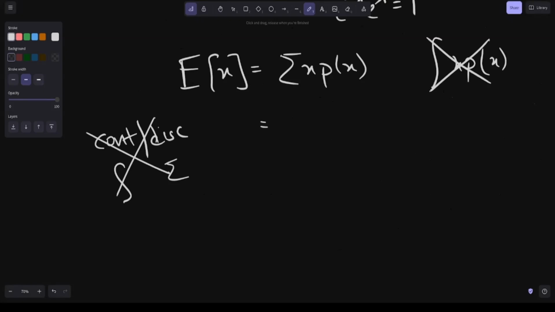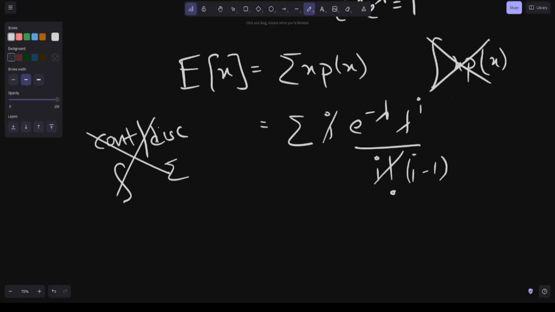So how do I deal with this? x will be my i, times e to the power minus lambda, lambda to the power i by i factorial. So this i gets cut, this becomes (i minus 1) factorial. So can we write this as lambda times e to the power minus lambda, lambda to the power (i minus 1) by (i minus 1) factorial?